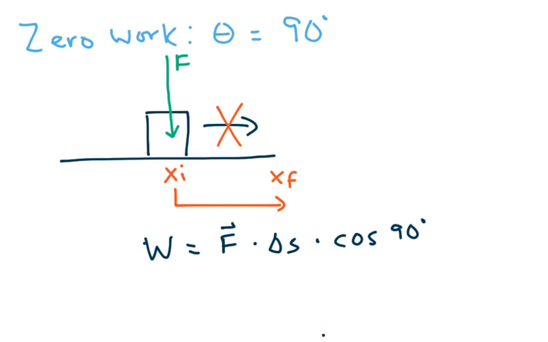The cos of something in the y does not have an x value. So if I work this out, work ends up being equal to F delta S times 0. So that means that no work ends up being done, because of that perpendicular angle.